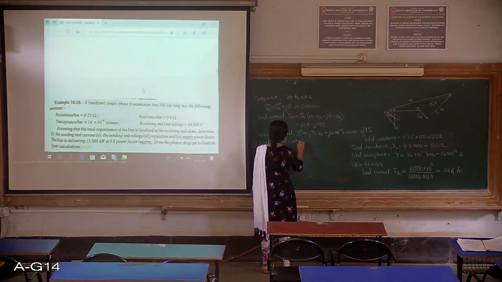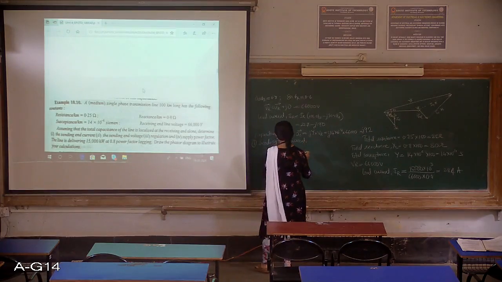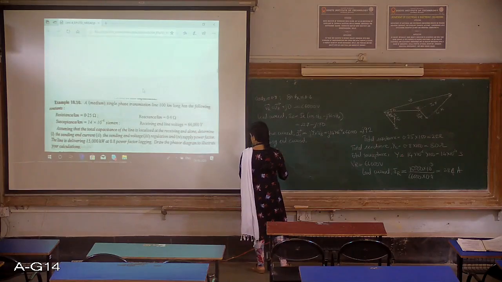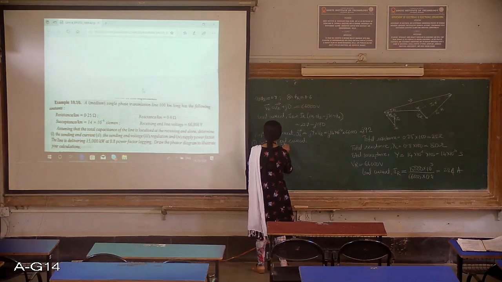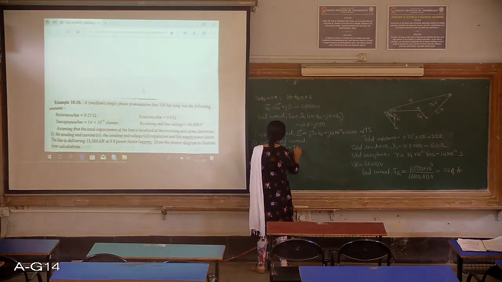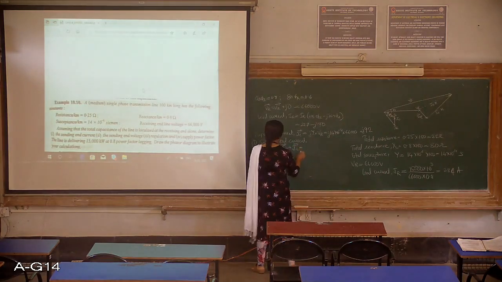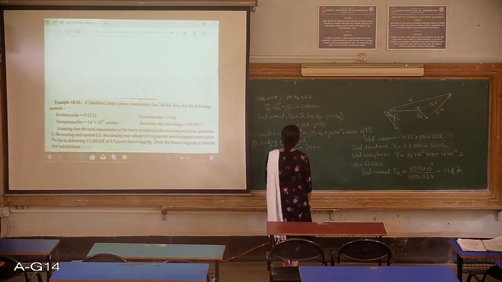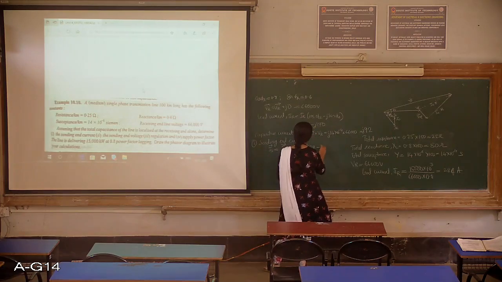So sending end current IS will be IR plus IC. Since it is a phasor, I will just represent it like this: 227 minus J170 plus J92.